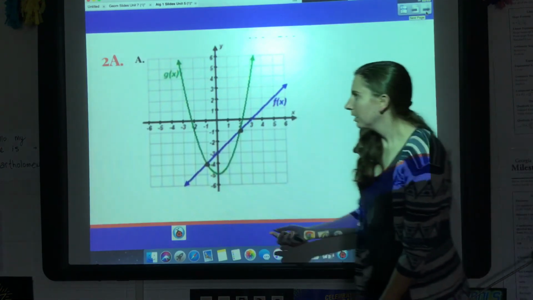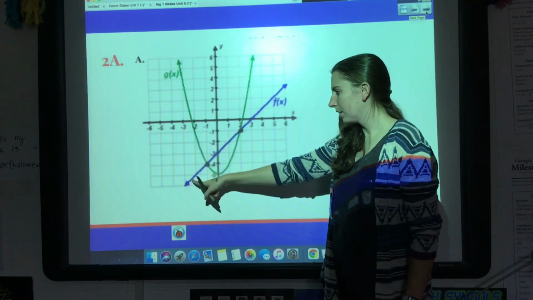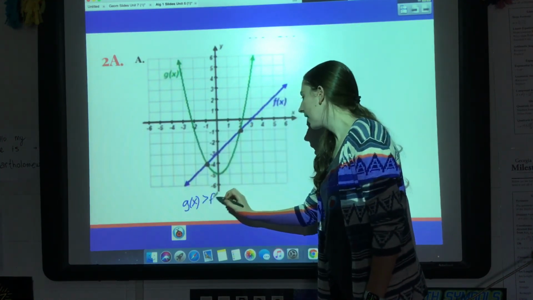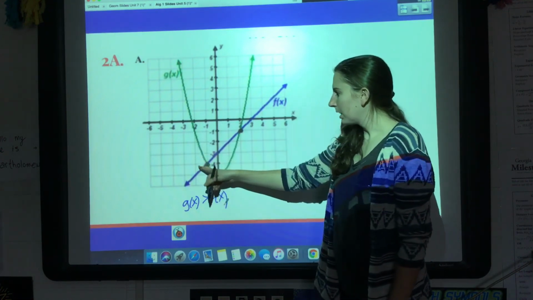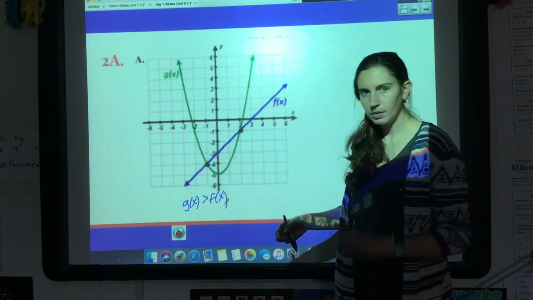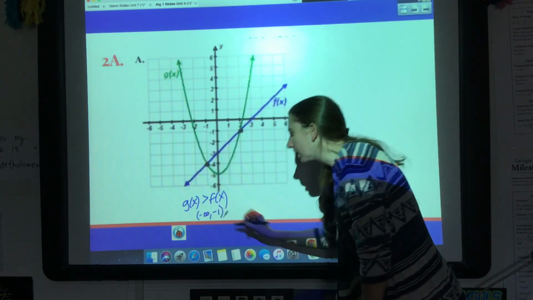So on this one, we would say g starts off being greater. So g of x is greater than f of x at first, but that's only until the x value -1. So that's only from negative infinity to -1.